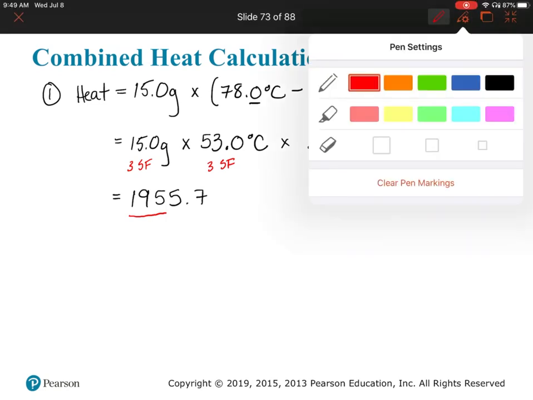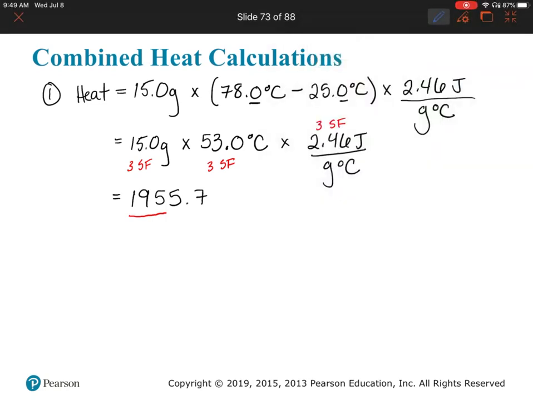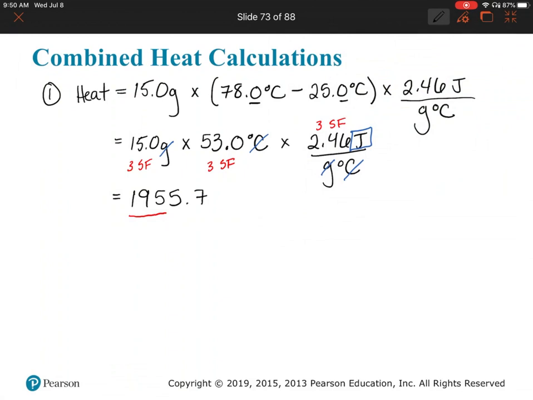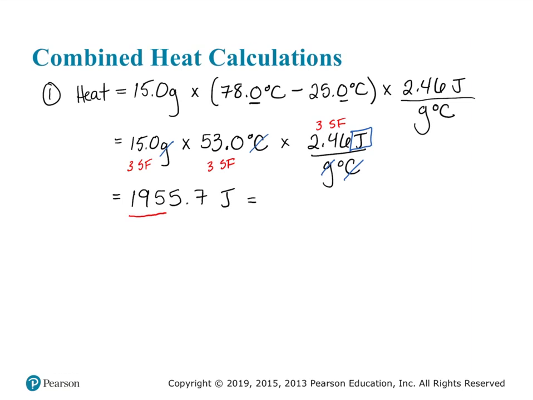And then what about our unit? What's our final unit here? Joules. So grams will cancel and degrees Celsius cancel. So we get joules. All right, so let's figure out what our answer is with the correct number of sig figs. So there's a couple of different ways we can write our answer.